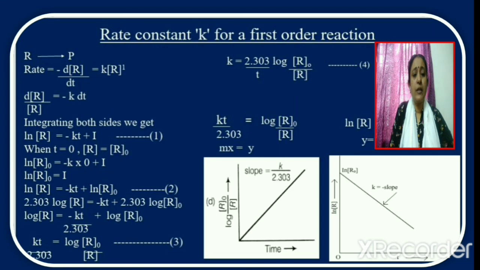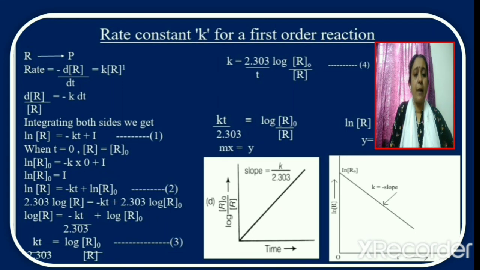We have to convert the ln terms to log terms. For that, multiply the ln terms by 2.303. So the equation now becomes 2.303 log R is equal to minus Kt plus 2.303 log R0. Now divide throughout by 2.303.